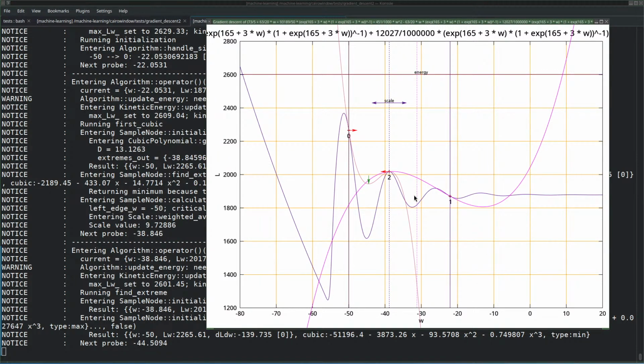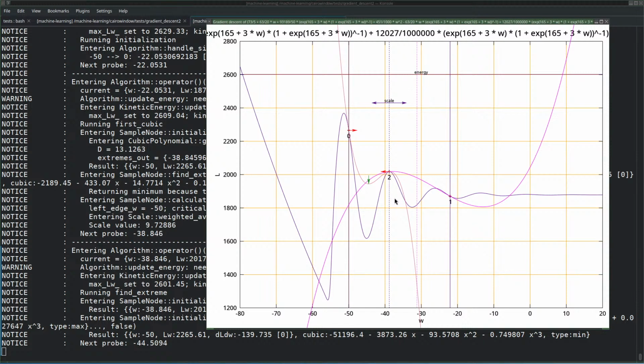Then the one that I want to pick is, I think, the shortest average distance.